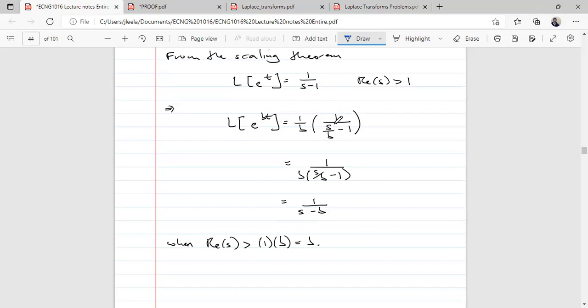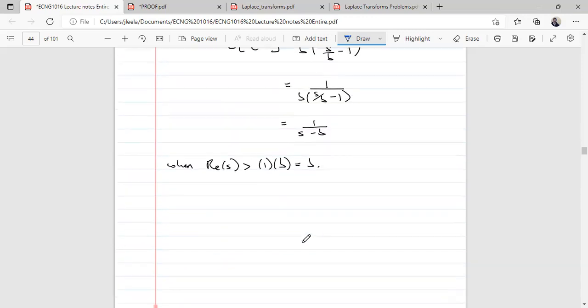And in this case, Y of S over b will be 1 over S over b minus 1. So you're replacing the S by S over b minus 1. And then if you multiply this out, you'll get 1 over S minus b. So your b here is whatever number this is here, right? So your real S here must be greater than 1 times b, which is b in this case.